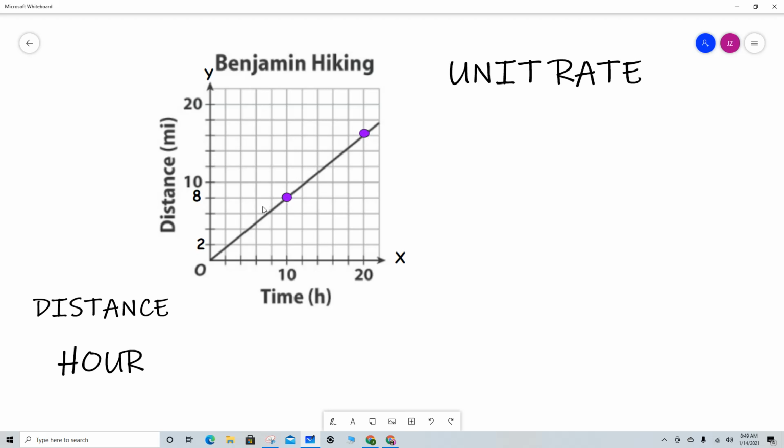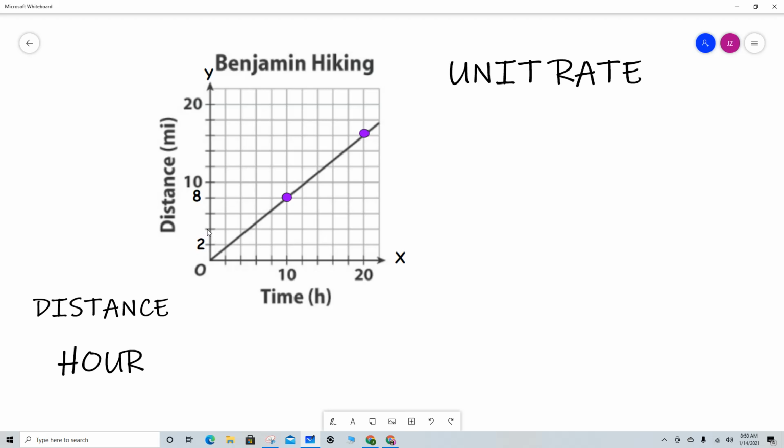Now, why wouldn't we have dots on the other ones over here? Because let's say at 4 hours, what happened? So this is 0, this is 2, and 4 hours. If I go up, it's right here. Now, if you go this way, we don't know exactly what the distance is because it's between 2 and 4, but it could really be any number between 2 miles and 4 miles.